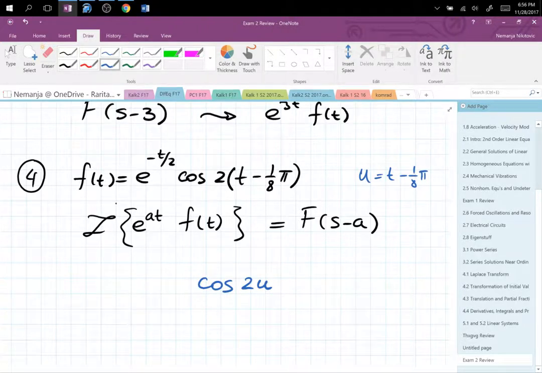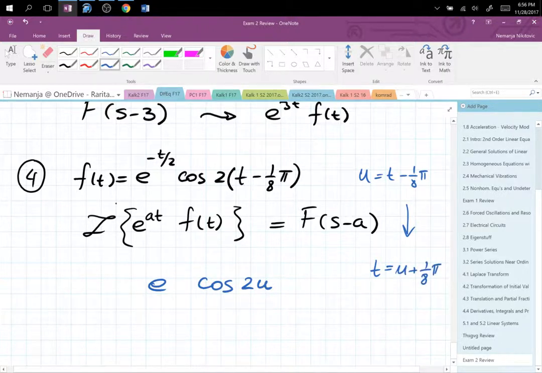But it creates issues on the other side with the e. From here t is equal to u plus 1/8 pi. So now that becomes negative 1/2 times u plus 1/8 pi. Now when you distribute this, it becomes e to the negative 1/2 u minus pi over 16.